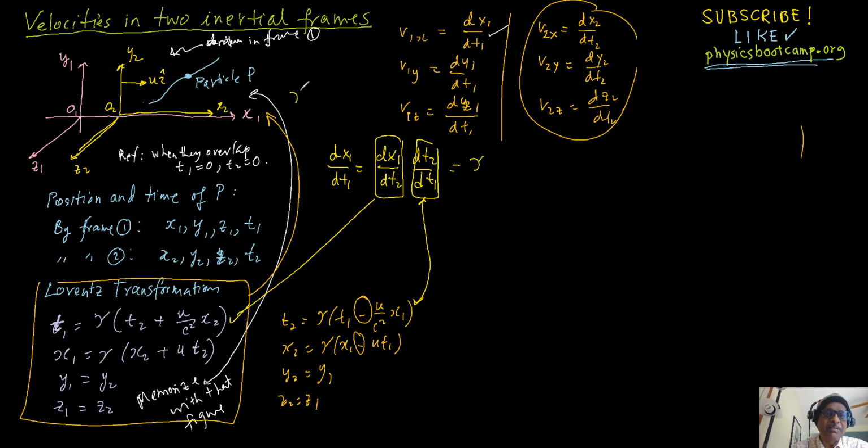Remember, gamma is 1 over the square root of 1 minus u square over c square, where u is the relative speed. So I get a gamma, and when I differentiate with respect to t2, I get a 1 here, and for t2 this gives u over c square v2x, times another factor of gamma.